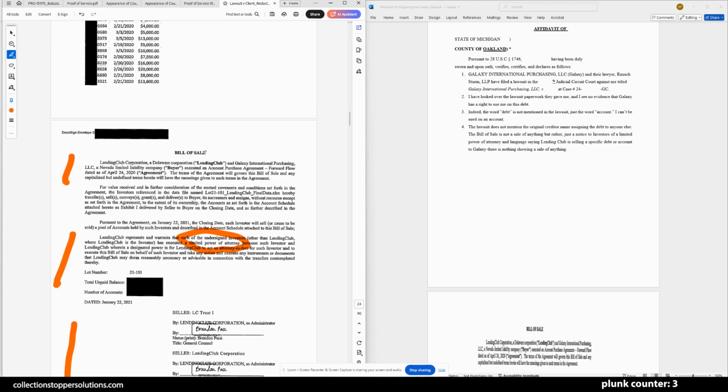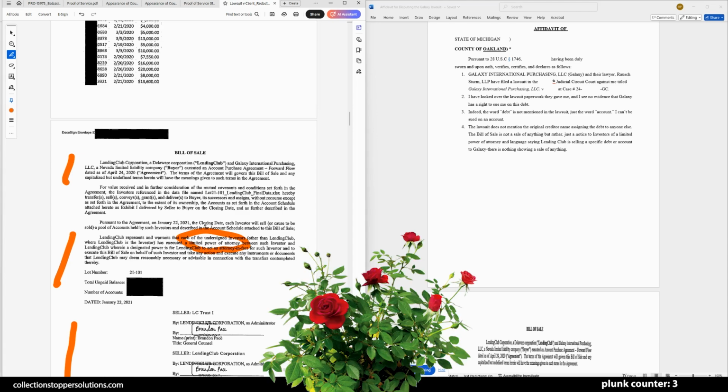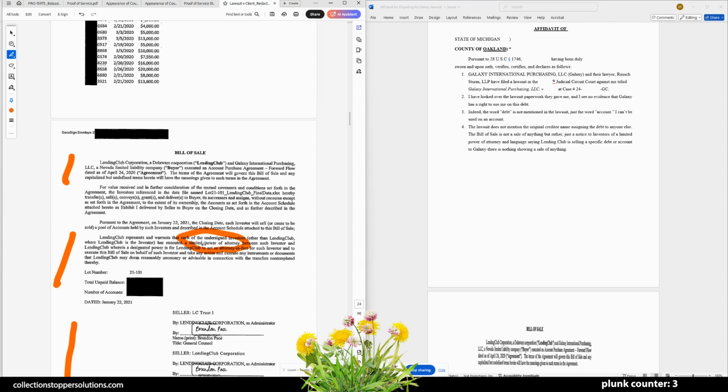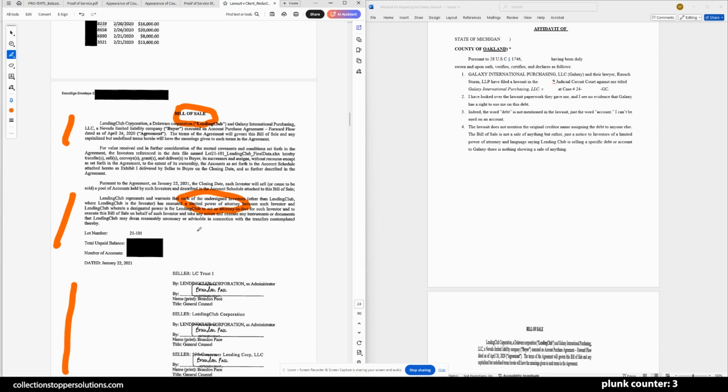You can call it a rose is a rose is a rose. This is a weed. It's a limited power of attorney between investor and Lending Club. It means each investor says, we don't have the time to sign everything, we're giving Lending Club the power to sign for us. Fair enough. But that's not a bill of sale. That's a limited power of attorney. So that doesn't mean anything as far as anything getting sold.